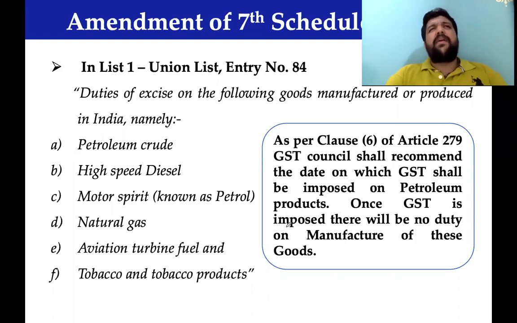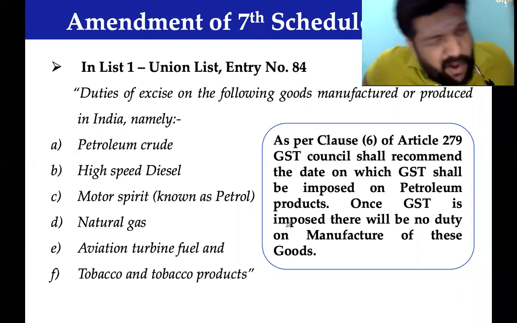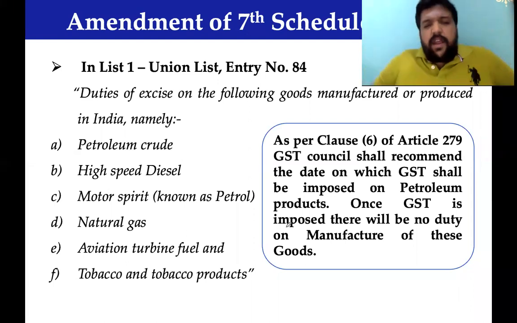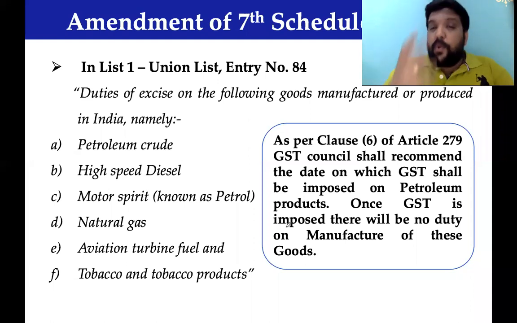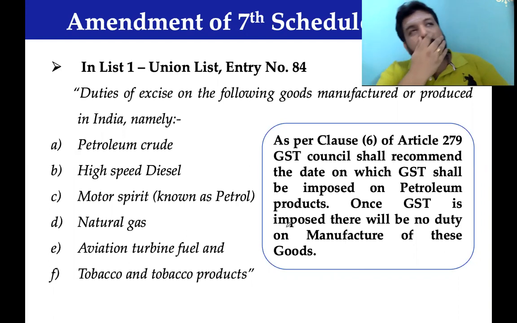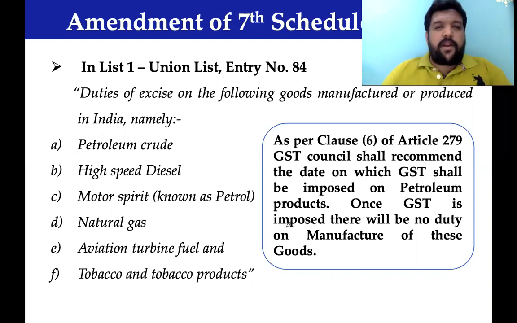Why, sir? Maybe the question why, I would answer some 6 hours later, not now. We'll have an exclusive discussion on petroleum products. Now understand, state governments never agreed. All the state governments unanimously never agreed to bring petroleum products into GST. Thus, all the petroleum products are not brought.